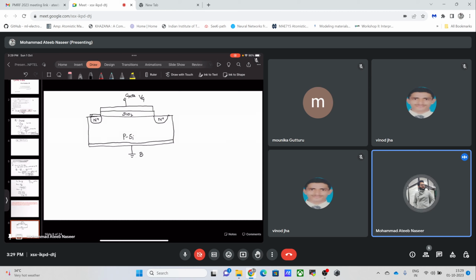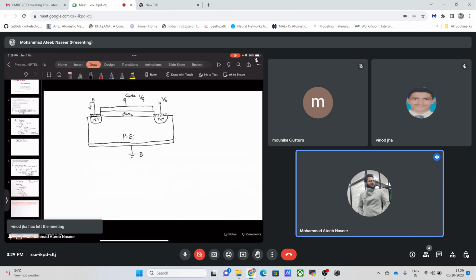Let us draw this metal contact like this, and this will be known as the source, and it would also be grounded. Similarly, I will have this drain region, and this drain has some bias VD, which is usually greater than or equal to 0 volts in order to have this device operational.